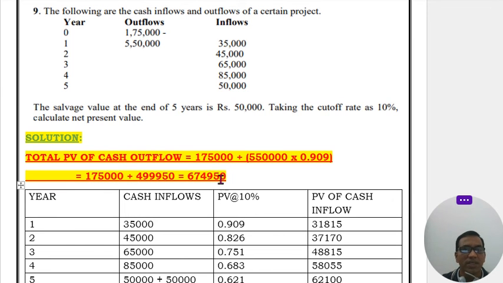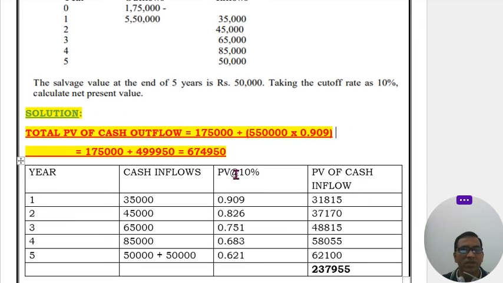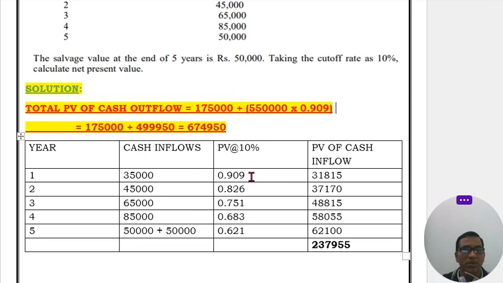So the important thing is cash outflow is in year 0 and also year 1. So year one outflow is a future value. That future value should be converted into present value. That's why I multiplied with the first year PV table value at the rate of 10%, 0.909. So total 674,950. Then PV at 10% of cash inflow.